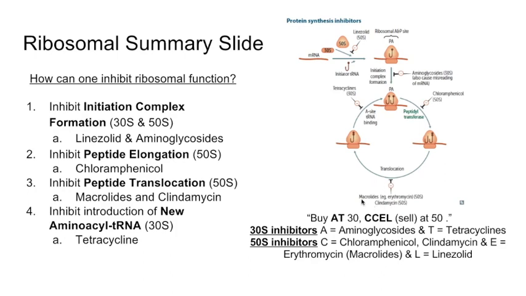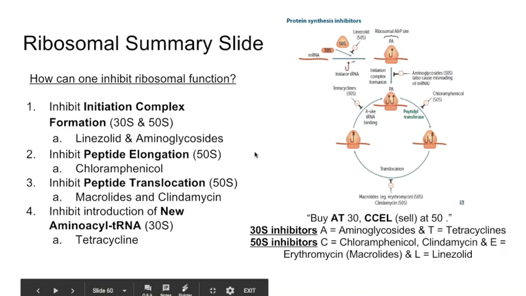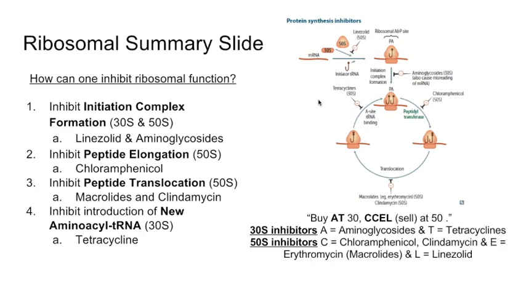This can be blocked by two medications, mainly macrolides like azithromycin, erythromycin, and clindamycin, and they both pretty much have the same mechanism of action. And the last thing is that you can inhibit introduction of new aminoacyl tRNA. When the growing peptide chain is getting new amino acids, it's using aminoacyl tRNA, and the medication tetracycline blocks it, and that's in the 30S ribosome.